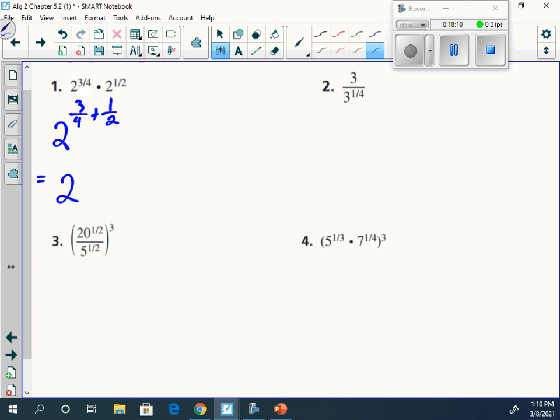There's the book. And if we do this here, 3/4 plus 1/2 would be 5/4. And they're going to leave it as that there.